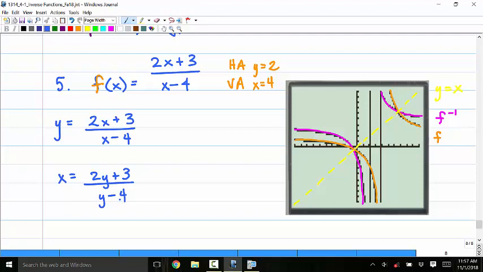Let's get rid of the denominator by multiplying both sides by y minus 4. Those are gone. On the left, is it okay to distribute? So you get xy minus 4x is equal to 2y plus 3.